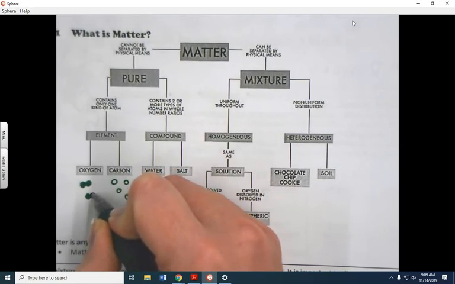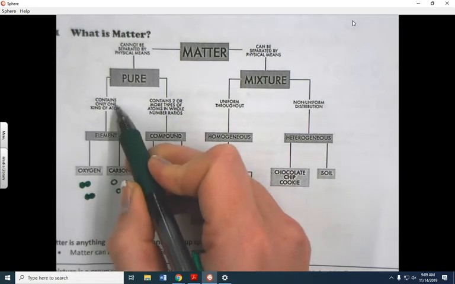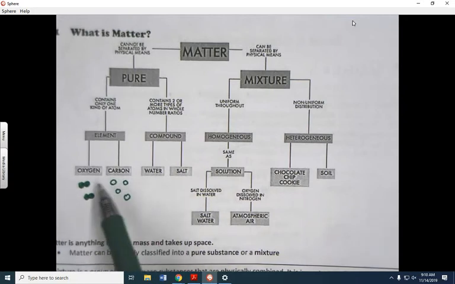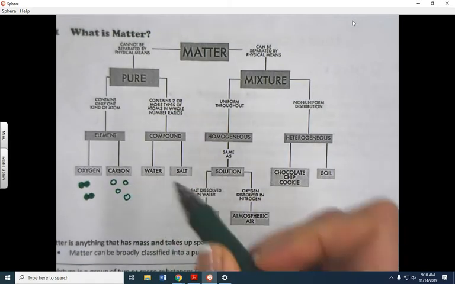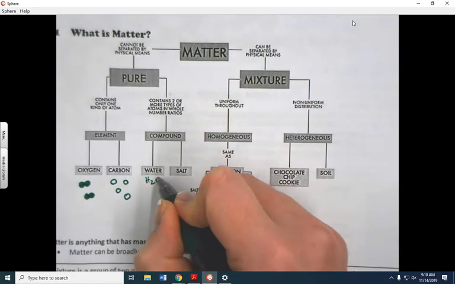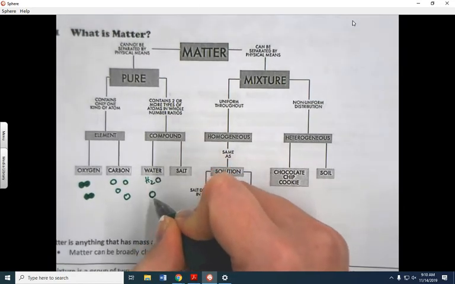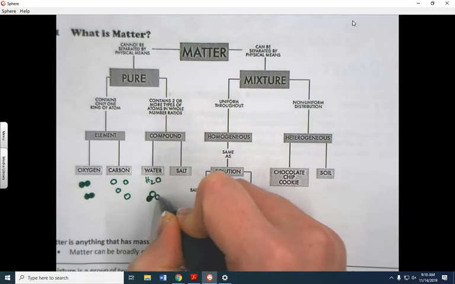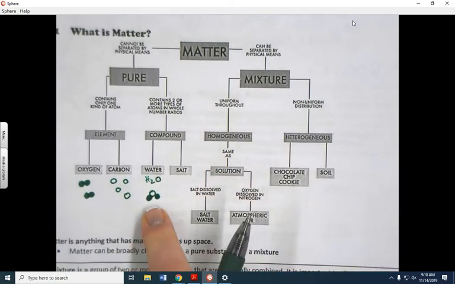A compound, like water for example, which is H2O, we could depict as one O and two hydrogens. You've probably seen this before. So it has two different types of atoms connected, and so that would be a compound. Same thing with salt, which is a combination of sodium and chlorine, sodium chloride, which would be two different molecules together.